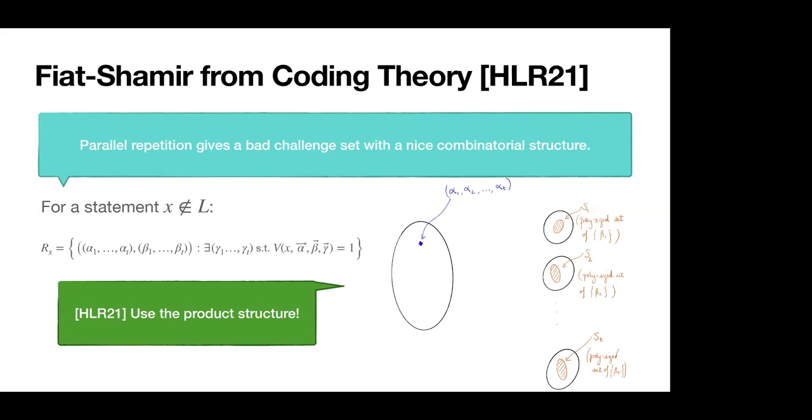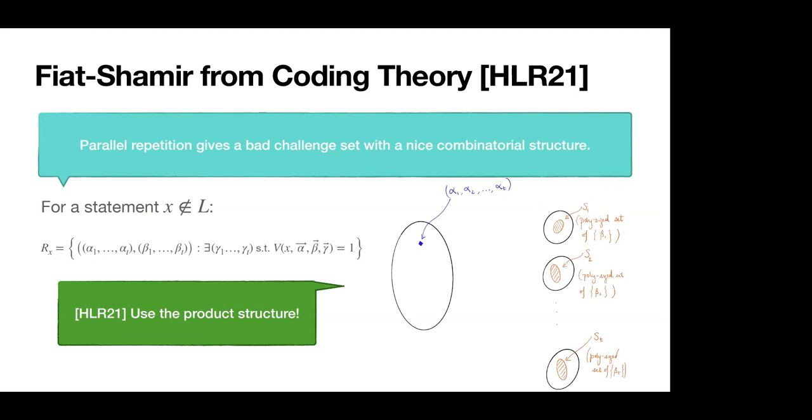So here's an alternate depiction of the exponentially large bad challenge set. You just break it up into its T components, and each of these sets, so S1 is the set of all the beta ones, like the projections, basically. And these are all polynomial size sets.